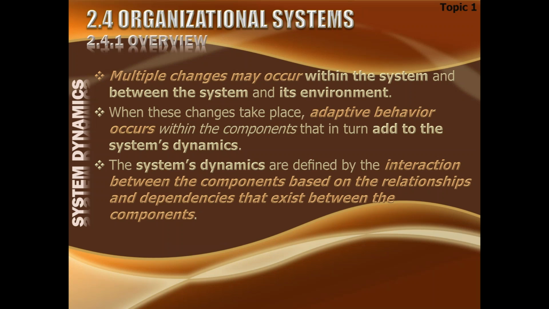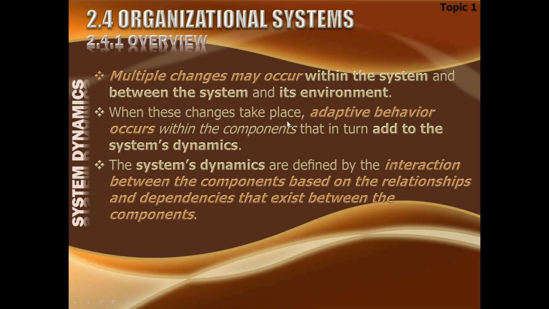Systems have a possibility of continuous improvement, which I have already said. The systems can be optimized, their components can be optimized. Therefore, we can anytime feel the need to enhance or improve any component or the whole system for that matter. And therefore, adaptive behavior does occur within the components that in turn adds to the system dynamics.